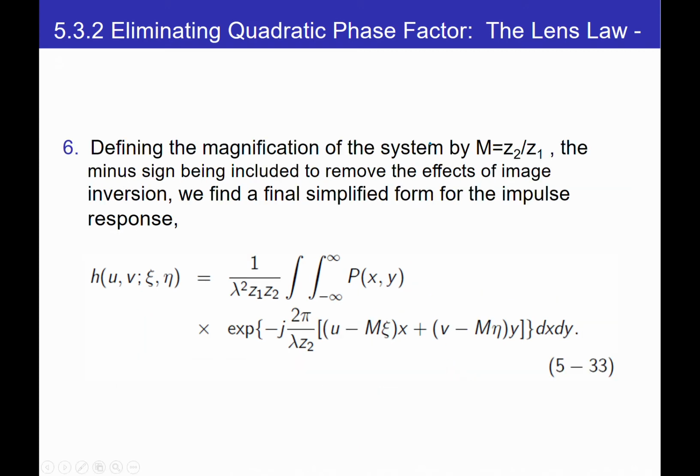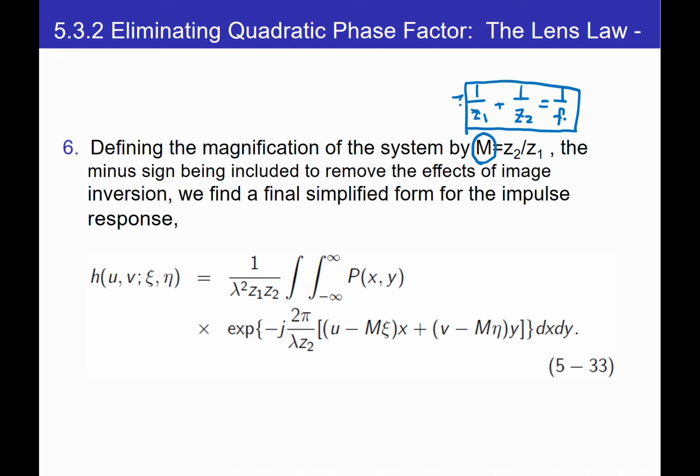And then we are going to further simplify the term. So we are going to have a magnification z2 over z1, but in this case, you should know that 1 over f. Okay.